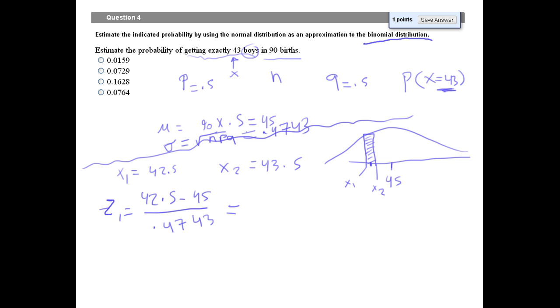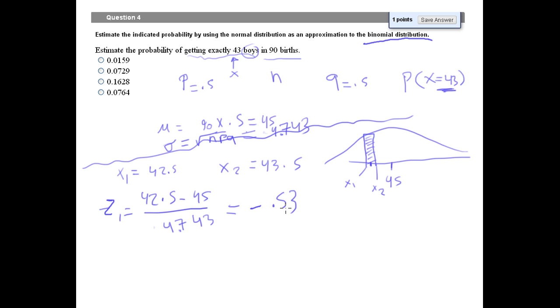Well, I think I made a mistake here. It is not 0.47. The sigma is actually 4.743. So now if you calculate this, Z1 will be equal to minus 0.53.